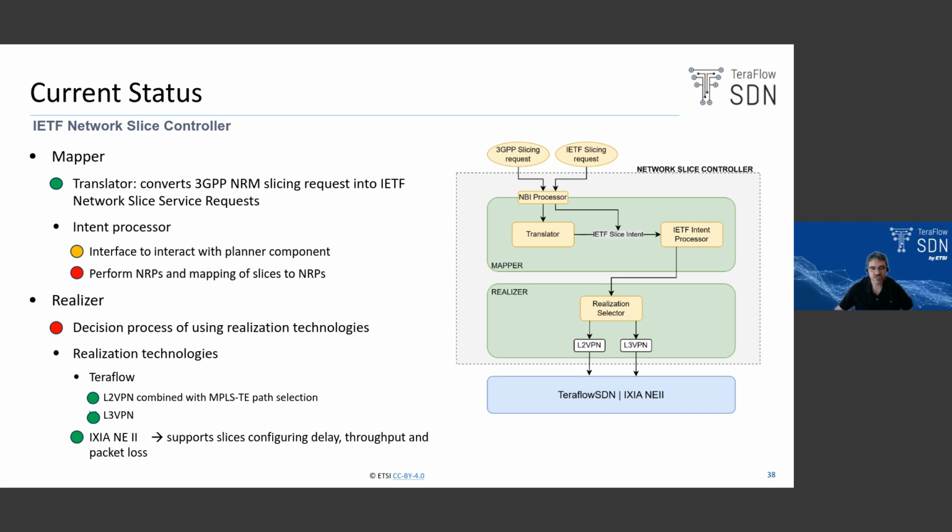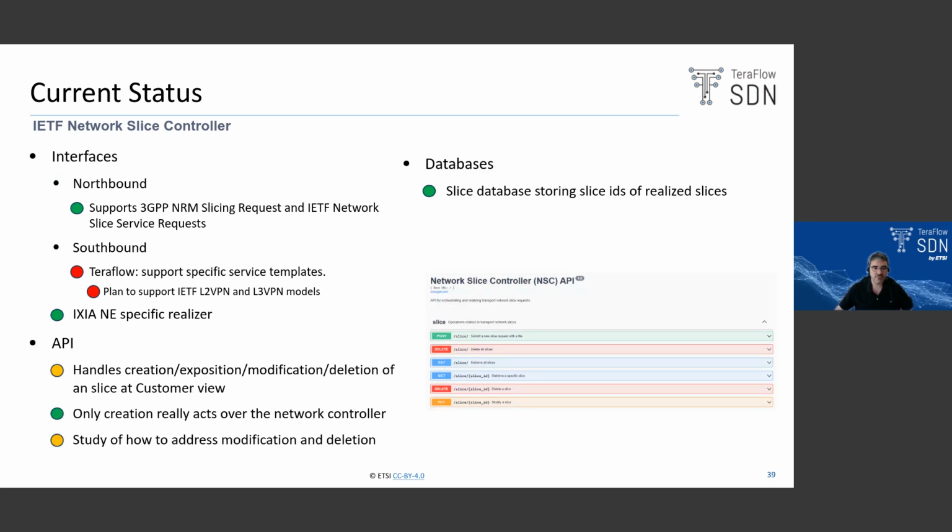This is just to illustrate that it's not only for the TeraFlow controller, it's also for other controllers, and you can combine scenarios where part of the network is managed by TeraFlow and another part by third-party controllers.